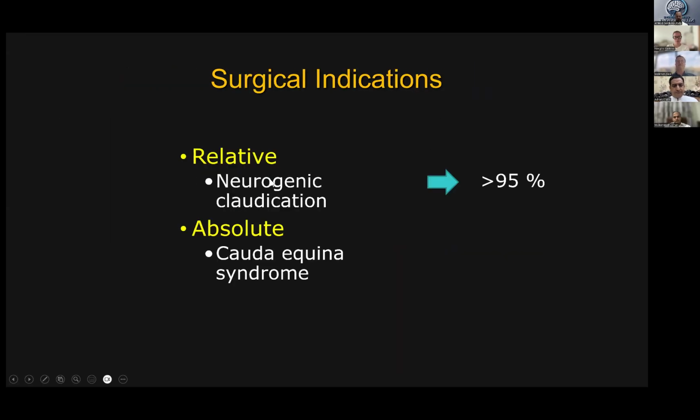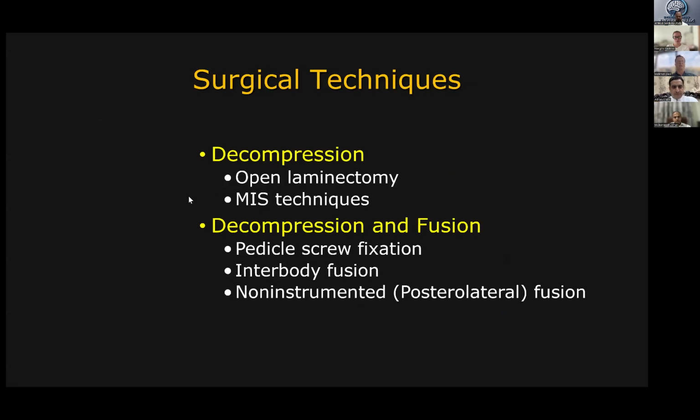Surgical indications are mostly neurogenic claudication, in more than 95% of the patients. Absolute indication of cauda equina syndrome is very occasional, it's not common. Surgical techniques are mainly 2: decompression only, and decompression and fusion. And there are different techniques of decompression and fusion.